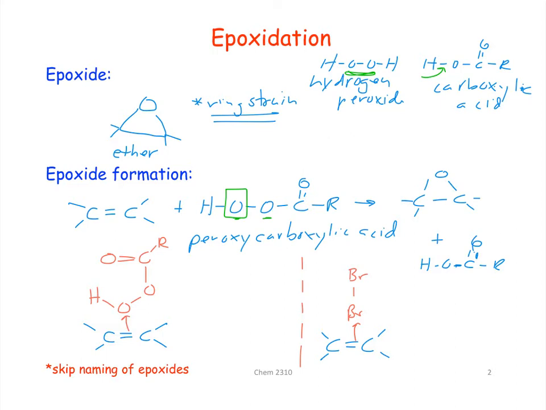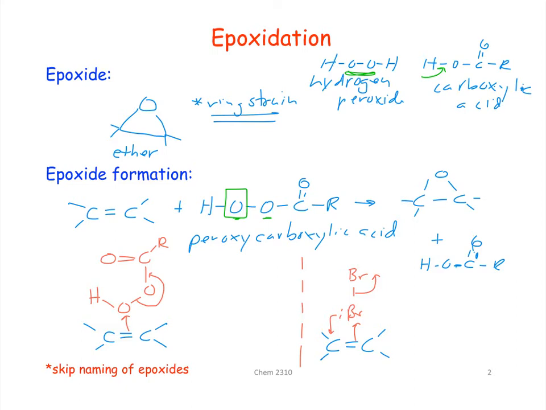Then the bromide left, and in this case we're going to draw this arrow over to here. We're going to form a new pi bond, and the non-bonding electrons on the bromine went back down to form the three-membered ring.